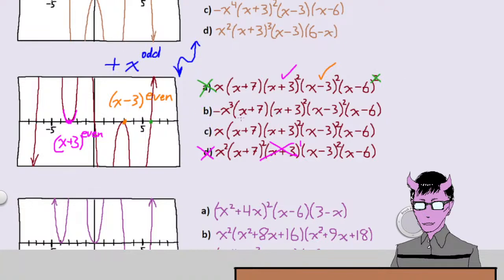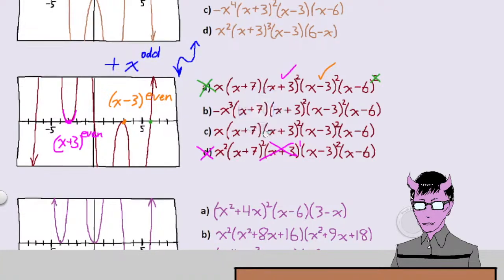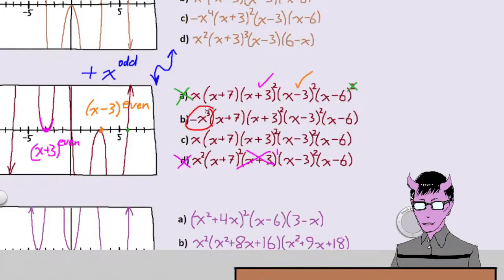Alright. So according to B, what's the end behavior supposed to be? Partial distribution, right? So we're going to distribute that to that, to that.